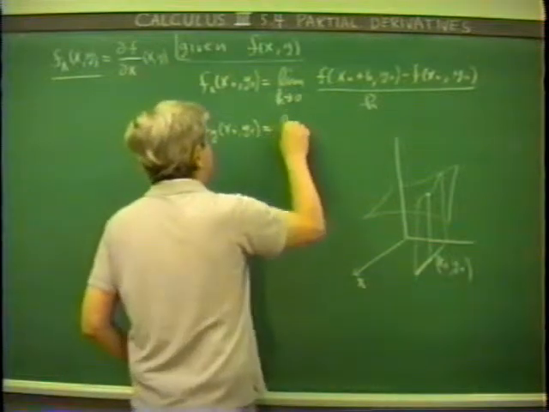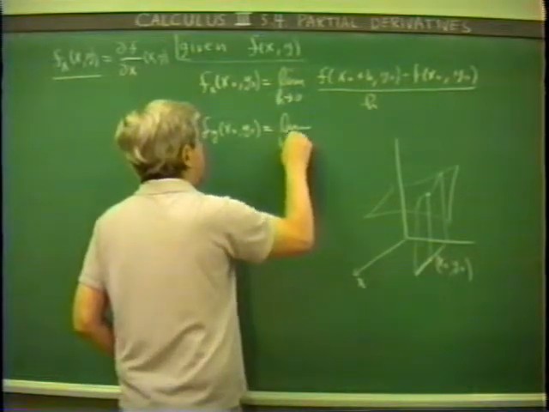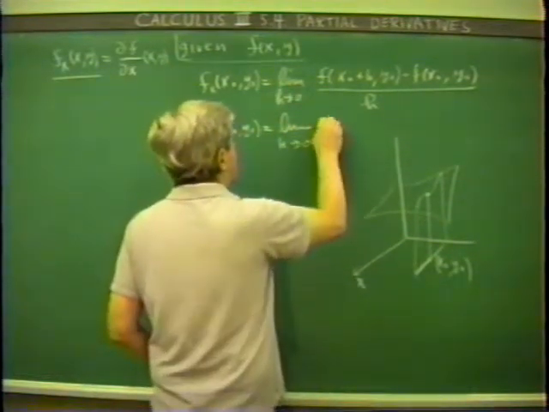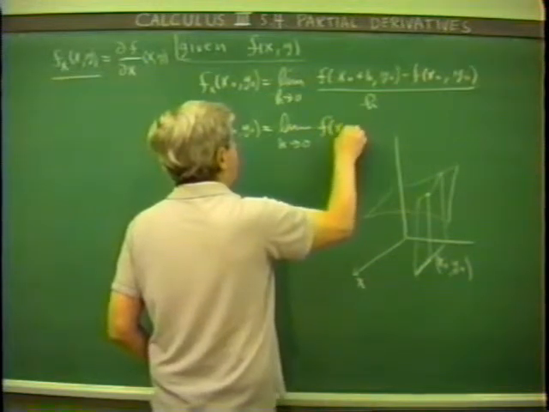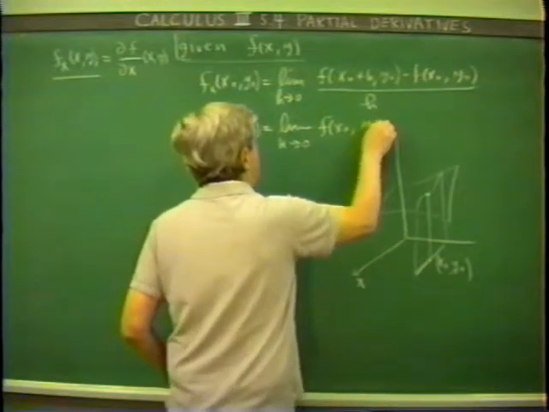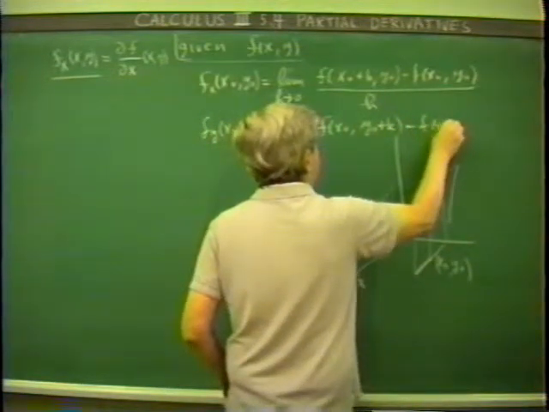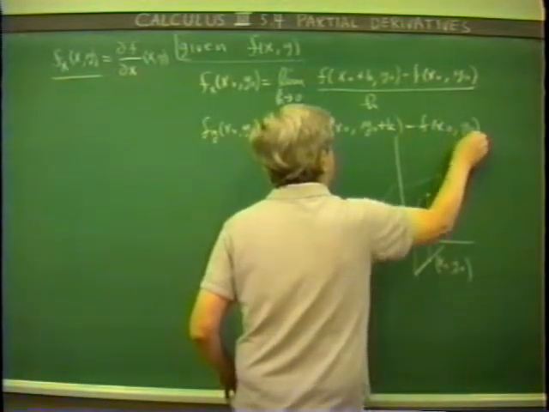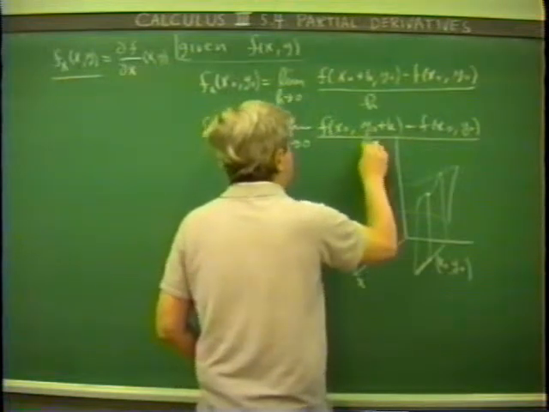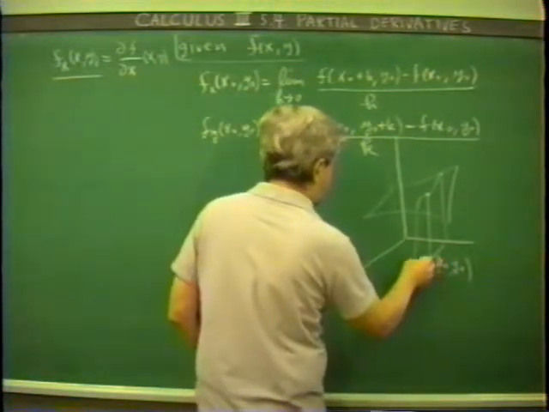The partial with respect to y at x naught, y naught is equal to the limit as k approaches 0 of f of x naught, y naught plus k, minus f of x naught and y naught, divided by k.